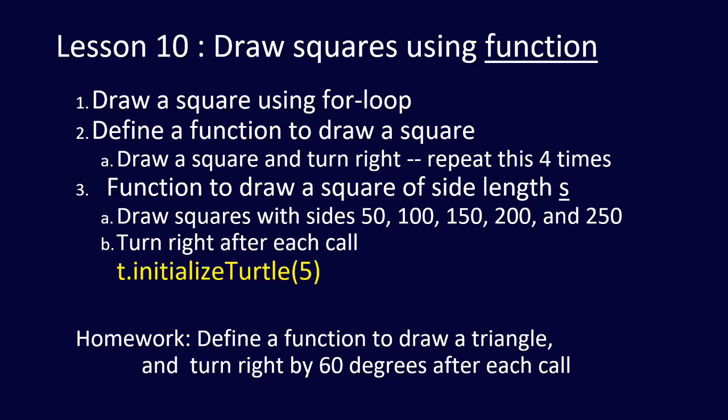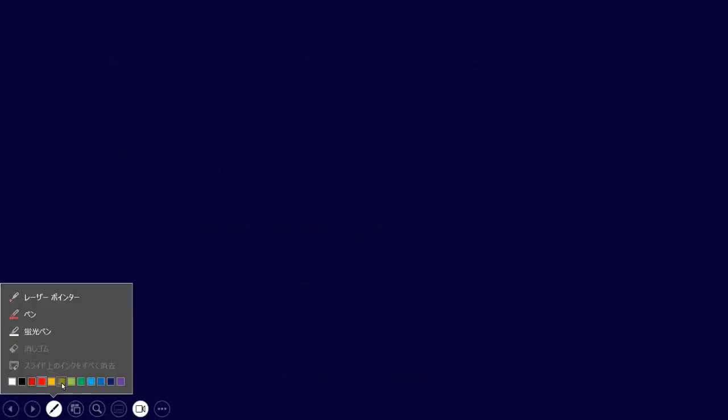So the homework: define a function to draw a triangle and turn right by 60 degrees after each call. Here the new problem is how to draw a regular triangle. In the case of the square, at the corner the turtle was heading north, heading up, and then at the corner we needed to turn left by 90 degrees.